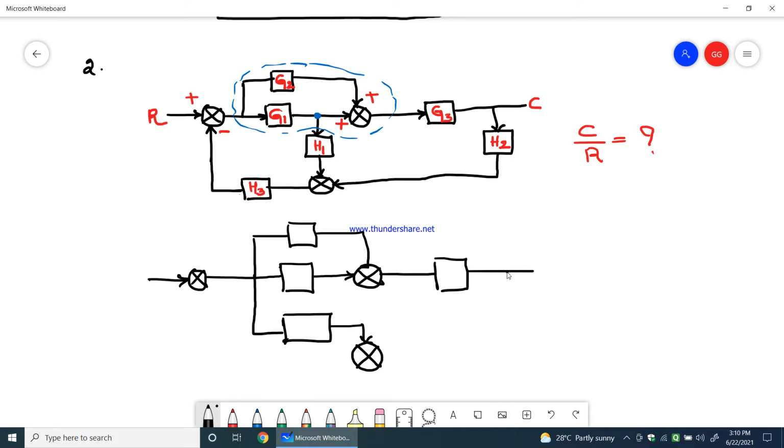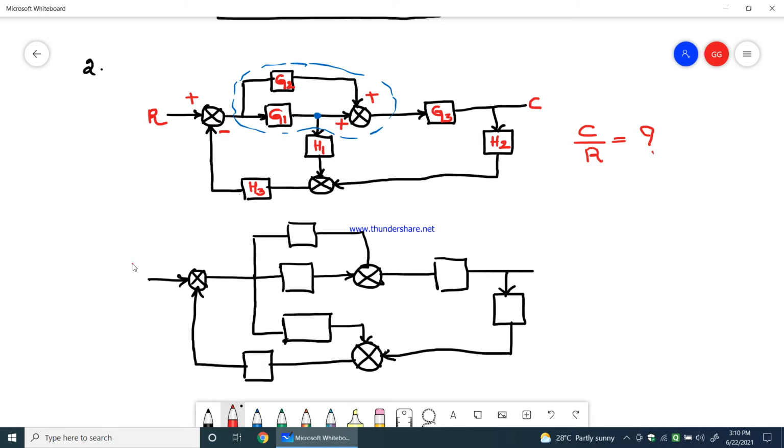So from here we'll see a feedback coming to this summing point, whereas we do have another block which is coming from here and given to this.